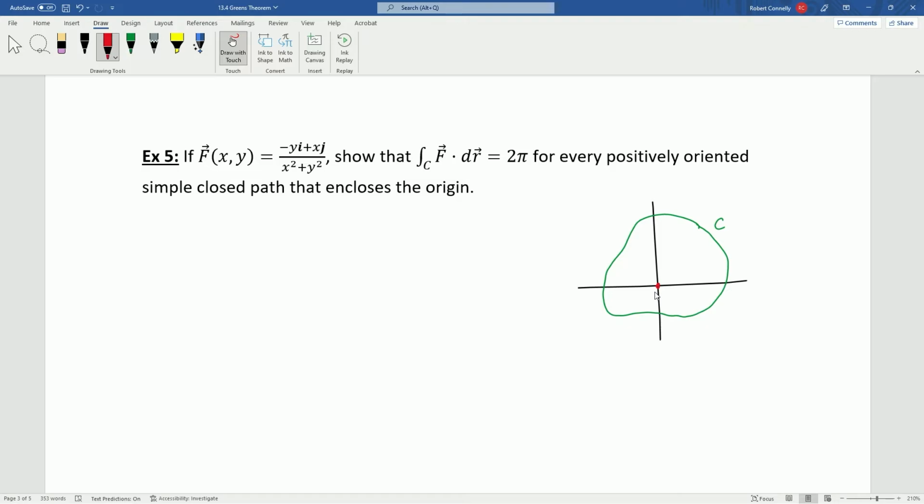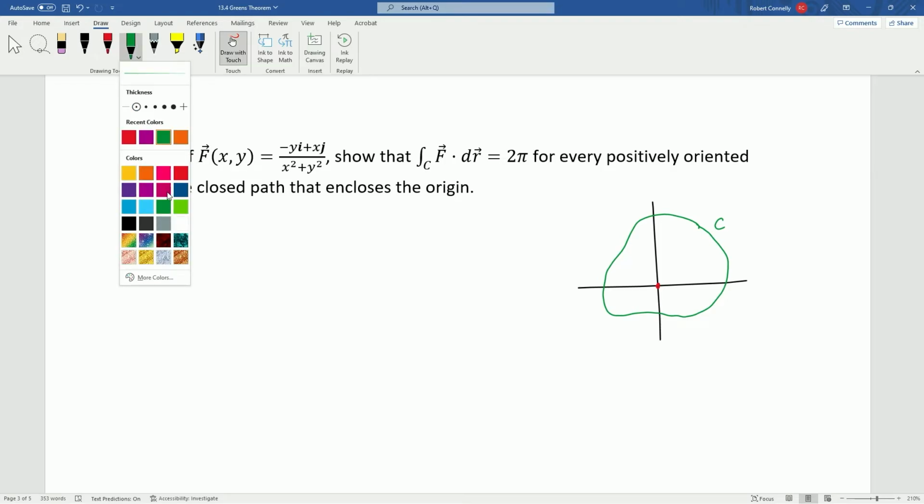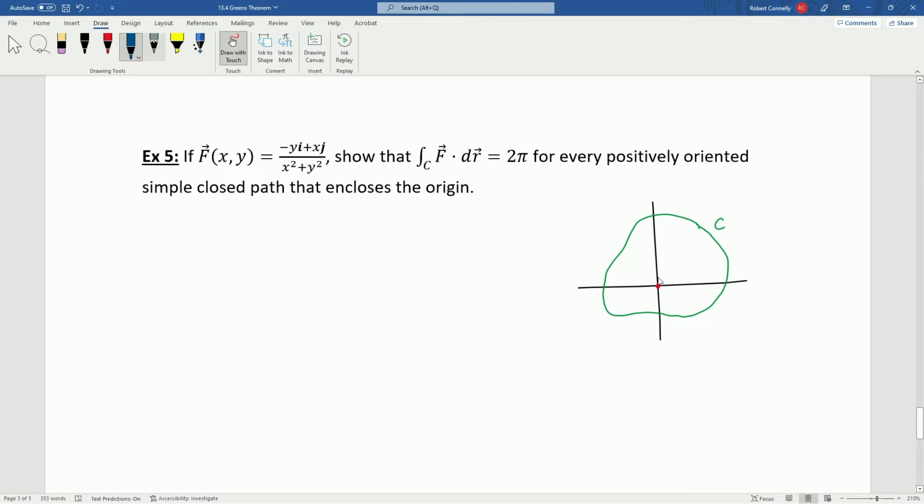So what we would like to do is essentially remove that problem. How are we going to do it? Well, we could apply Green's theorem if we had a boundary between this simple outer curve and another curve enclosing the origin.